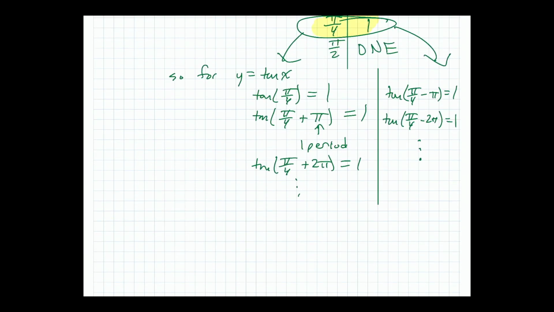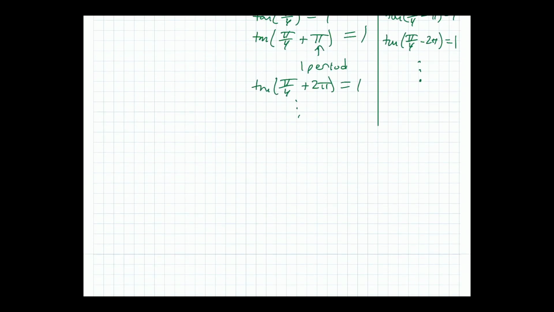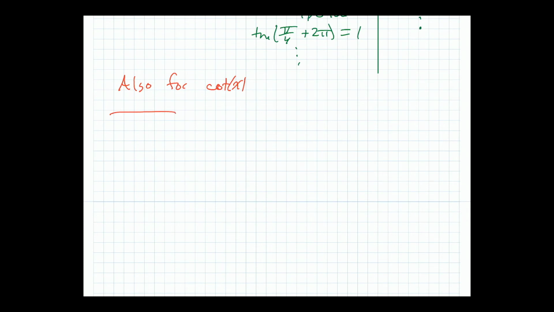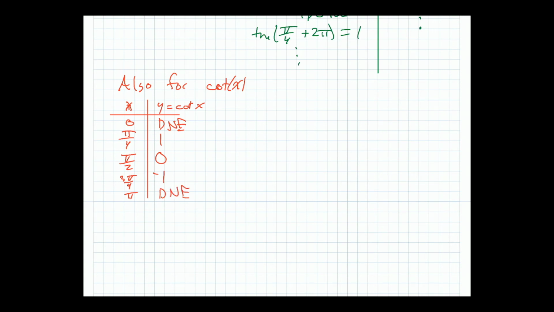Okay. And the same idea goes for the cotangent. Also for cotangent x, if we got this table, x, y equals cotangent x, and you go 0, pi over 4, pi over 2, 3 pi over 4, pi, and you go DNE, and then what is it? 1, 0, -1, DNE, like that.